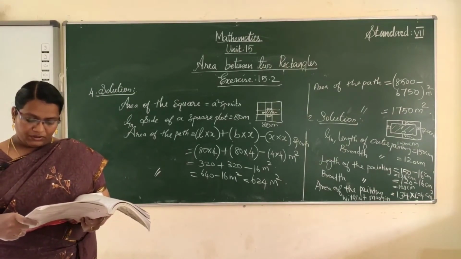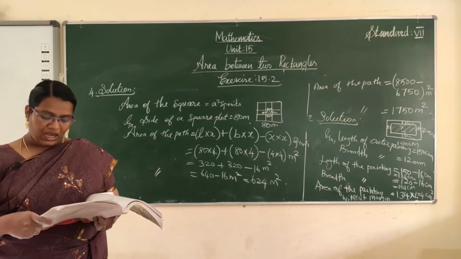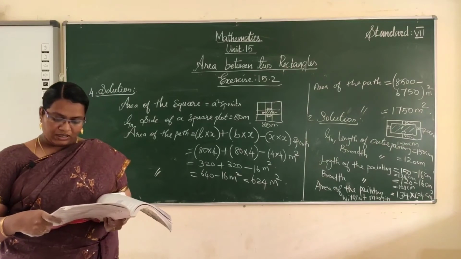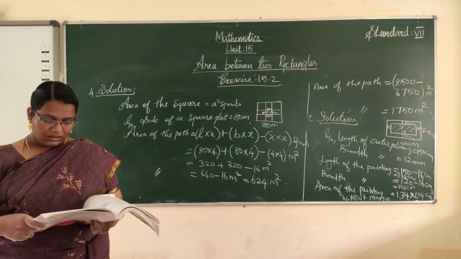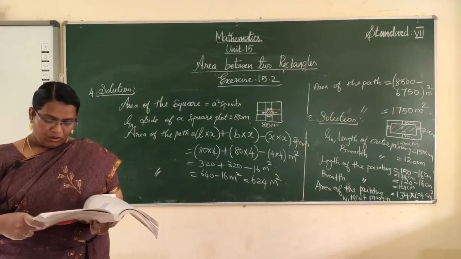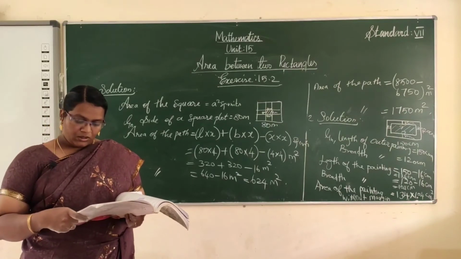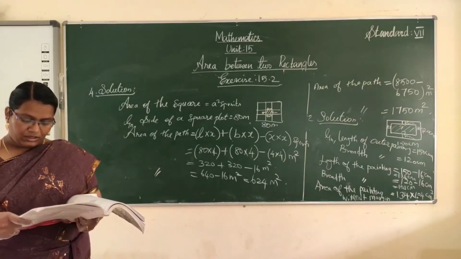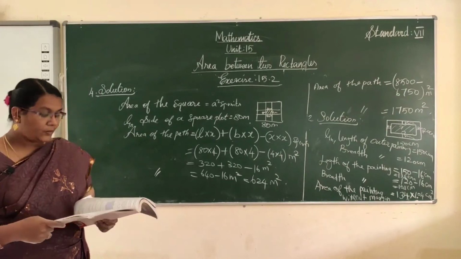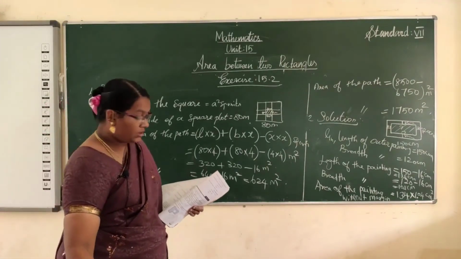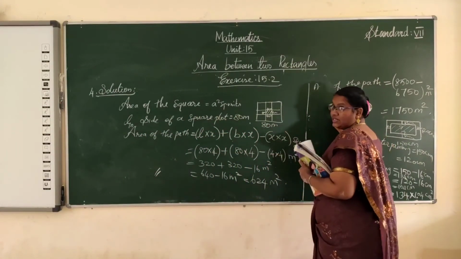So total area of the margin means what we do? Path we have to calculate. First we have to calculate the area of the path, and next one, the cost of the cardboard used at the rate of 1.50 per square unit. Okay, the border we have to calculate. So we have used the first case formula.